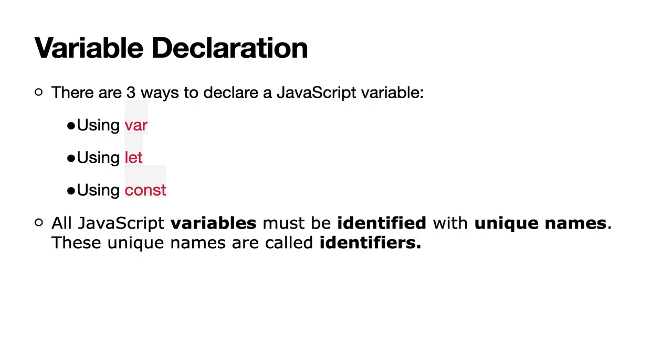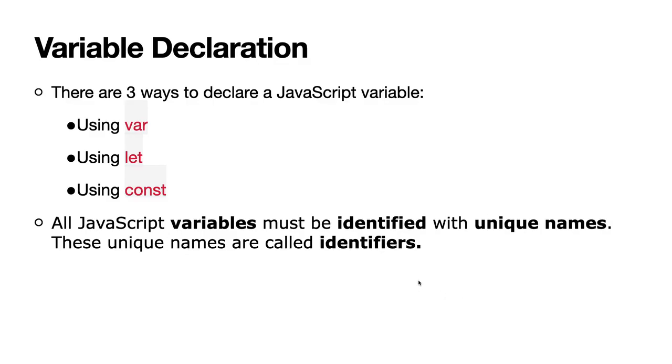The next topic is variable declaration. In variable declaration we can declare a variable in three ways. We can use var, let, and const. All JavaScript variables must be identified with unique names, and these unique names are called identifiers.